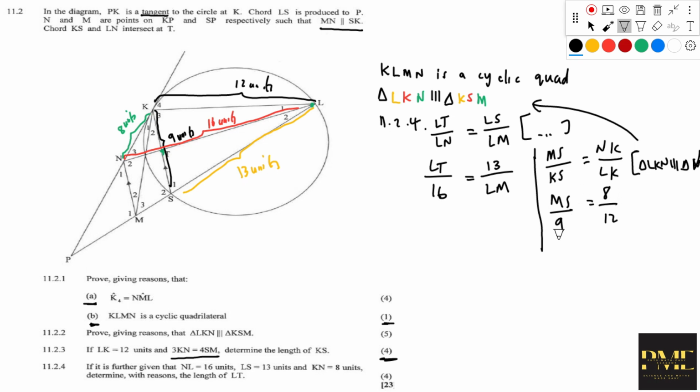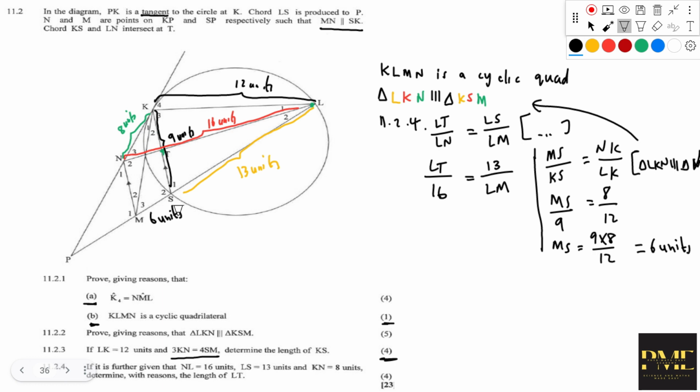Okay, so multiply by 9 on both sides so that we leave MS as the subject of the formula. So MS will be equal to 9 times 8 over 12. Therefore our MS will be equal to 6 units, guys.